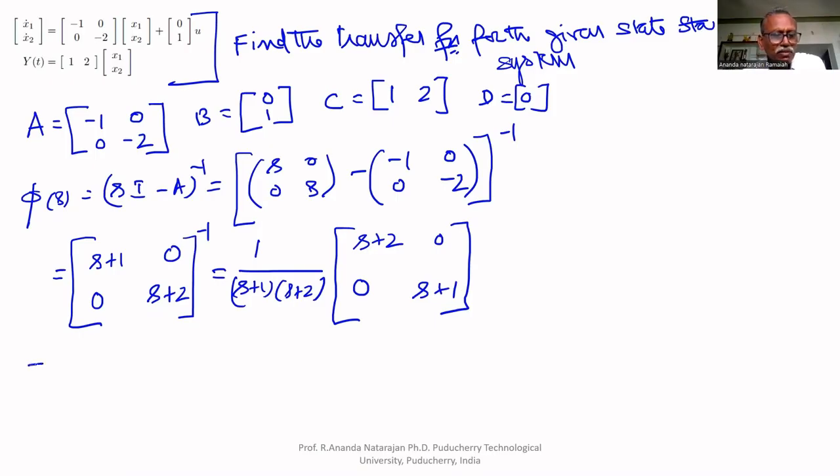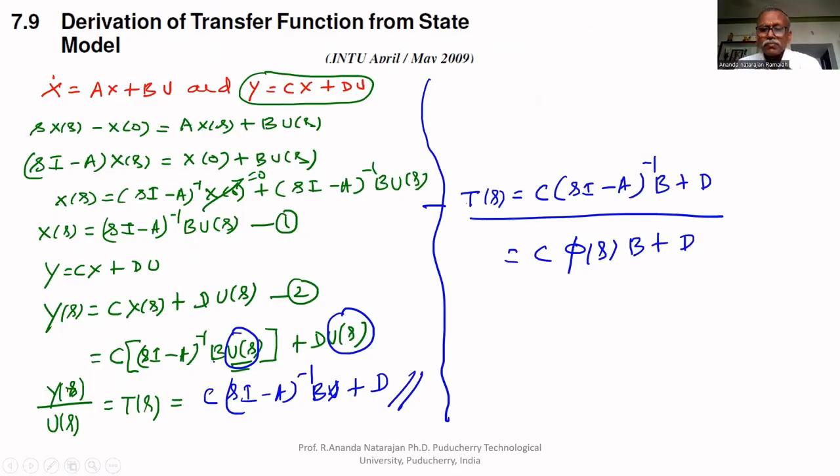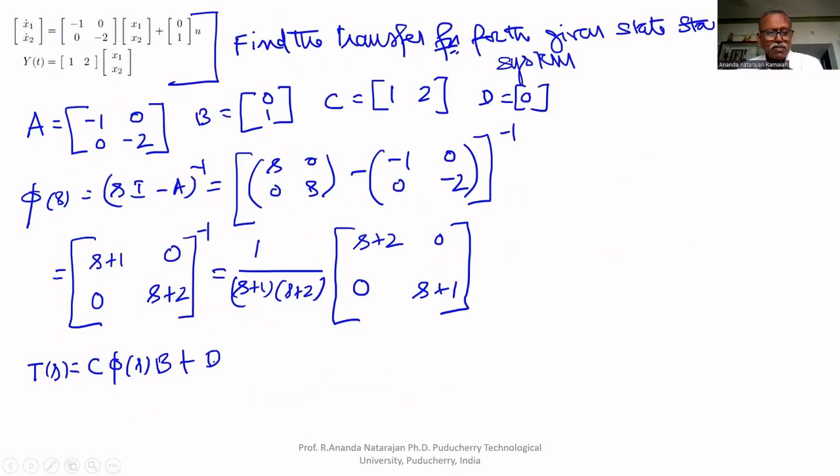What is the transfer function? P(s) equal to C phi of s B plus D. D equal to null matrix, so this is a null matrix. Therefore, the transfer function is C, where the C matrix is [1, 2]. Write one more step here.